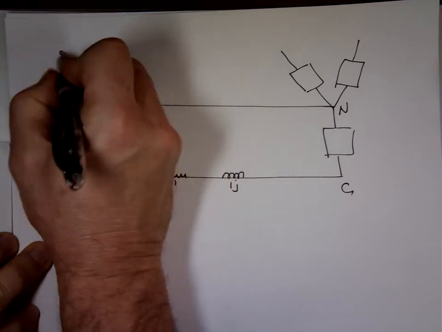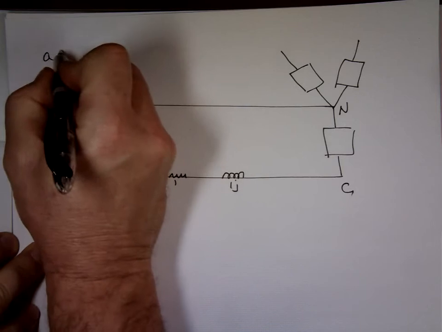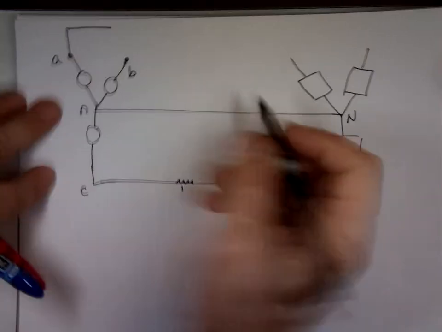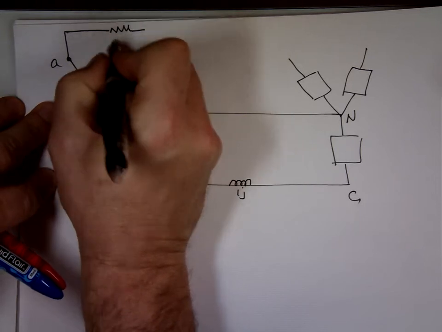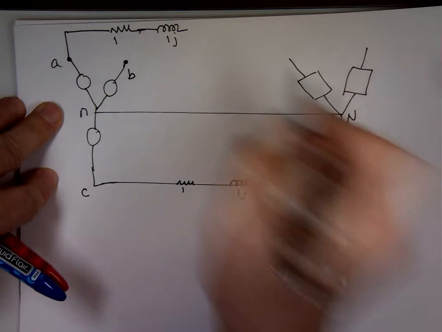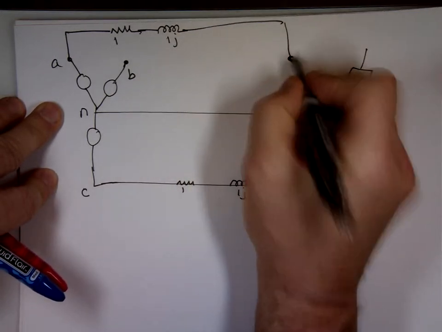If this is A, this is B here. So A will go like this, going through 1 ohm, going through 1J, going through capital A.